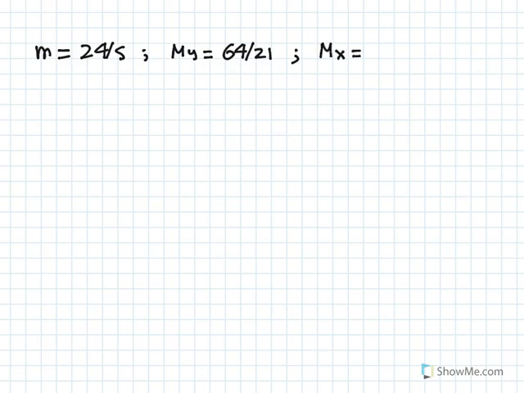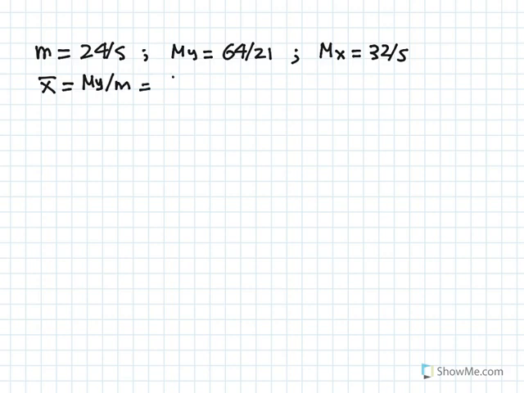All right, so what we have is mass is equal to 24 divided by 5. Moment with respect to the y-axis is 64 divided by 21. Moment with respect to the x-axis is equal to 32 divided by 5. X bar is equal to the moment with respect to the y-axis divided by the mass.